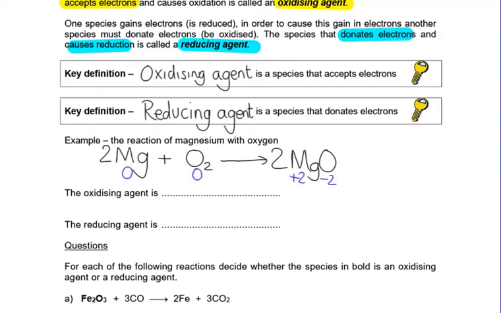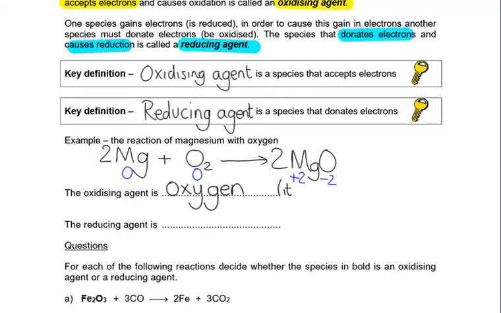And if you've managed to do that, this was what you should have got. The magnesium has gone from 0 to +2. So the magnesium is being oxidised. Who's causing it to be oxidised? Who is accepting electrons so that magnesium can be oxidised? And the oxidising agent is actually the oxygen.